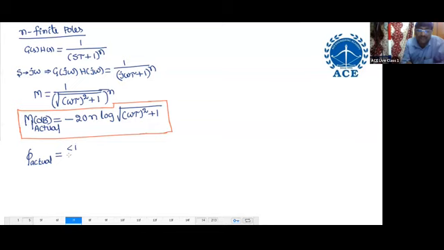Angle of 1 by angle of (J omega tau plus 1) whole power n. Angle of 1 is 0 degrees, divided by the angle of J omega tau plus 1, n times.